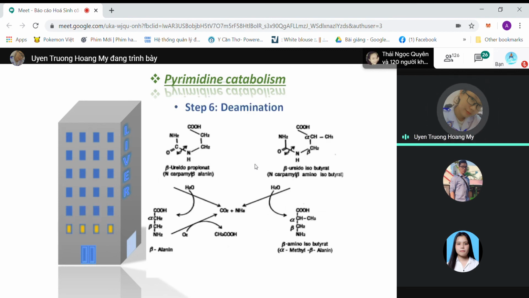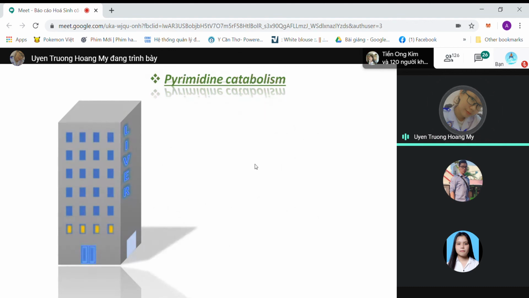So, step 6. Deamination. Beta-ureidopropionate and beta-ureidoisobutyrate are converted into beta-alanine and beta-aminoisobutyrate by the enzyme beta-ureidopropionase. The secondary products of this reaction are ammonium ion and carbon dioxide.